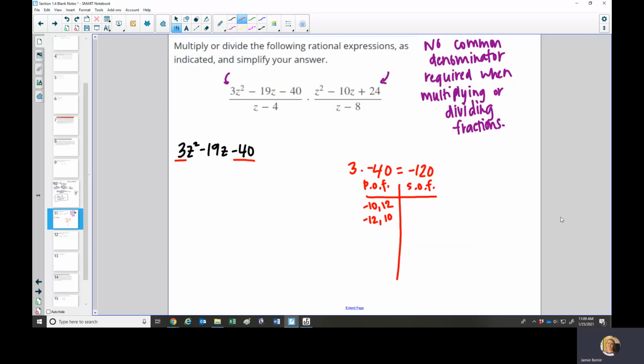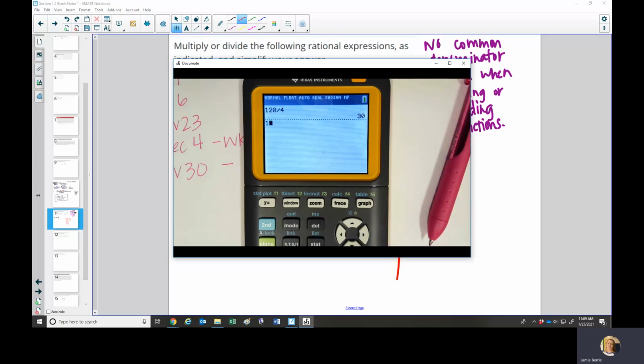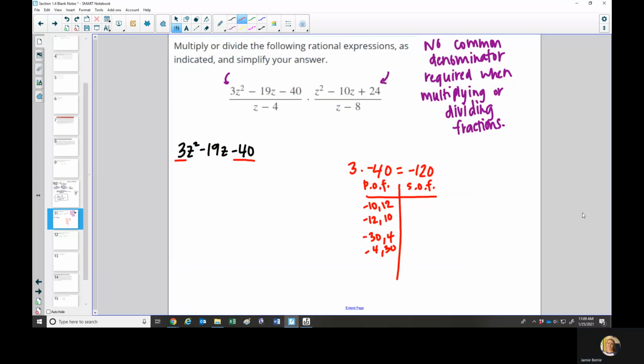So negative 30 and 4, negative 4 and 30. I picked 4 because I remembered seeing it right here. So let's try 8. Those are numbers that are in our problem. 120 divided by 8 is 15. So negative 15 and 8. Negative 8 and 15.